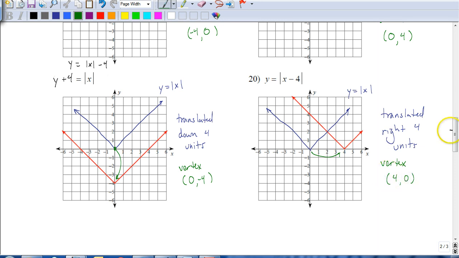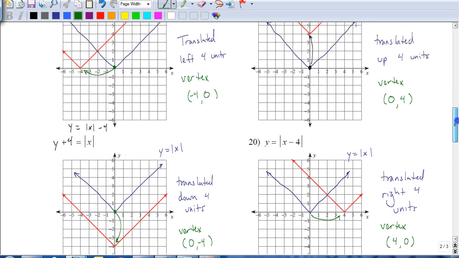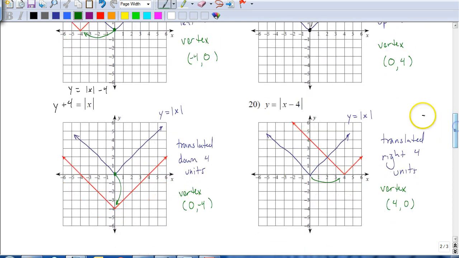Now what's the point of all this? Well, let's compare and contrast our equations with our vertices here. For example, with this one we had a vertex where x is 4, y is 0. Compare my parent function with my new function, and it's taking x minus our x value in our vertex, which is 4.